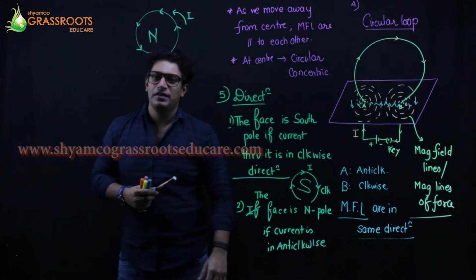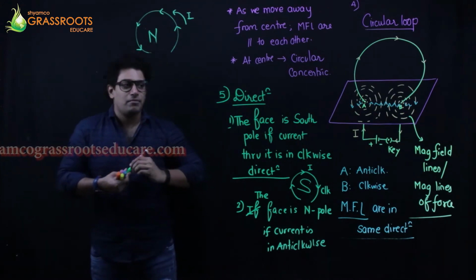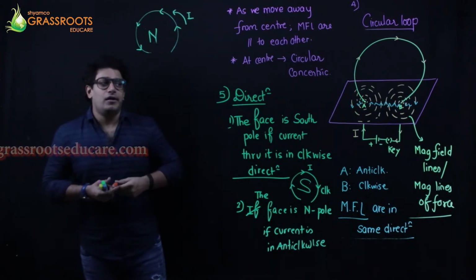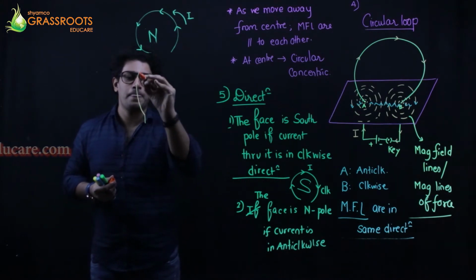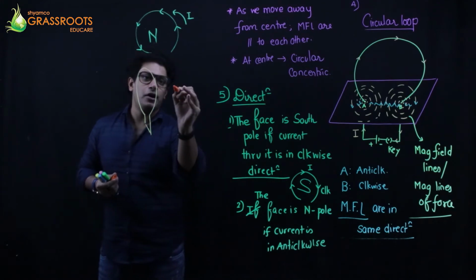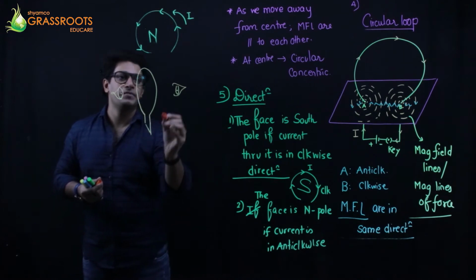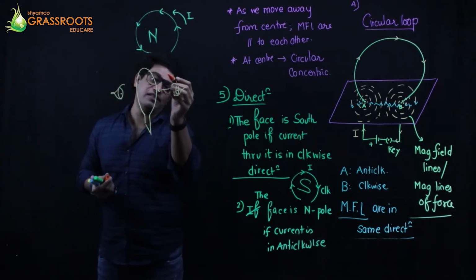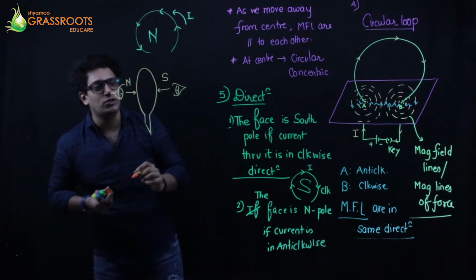It's like a face. If I draw a vertical plane, something like this, a person who is observing from here and a person who is observing from here. The person who observes from behind, for him, let's say it's south pole, then for the person who observes from here, it is north pole.